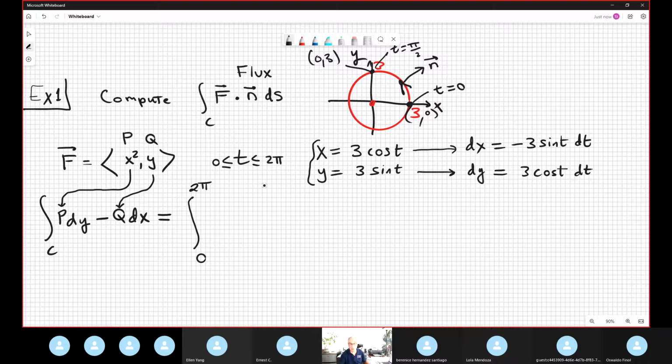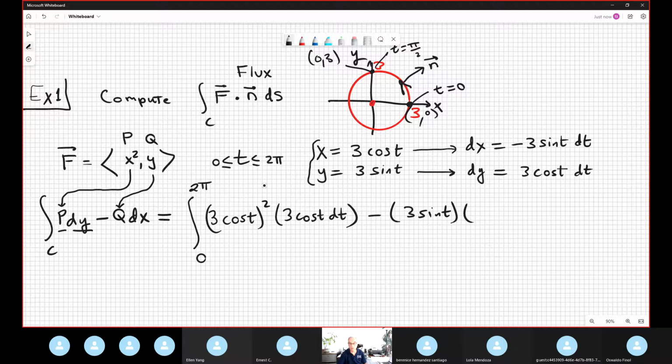But I want to write the integral using only t. x is 3 cosine t, so P is (3 cosine t) squared, times dy, and dy is 3 cosine t dt, minus Q, where Q is 3 sine t, multiplied by dx, which is minus 3 sine t dt. Everyone follow me?